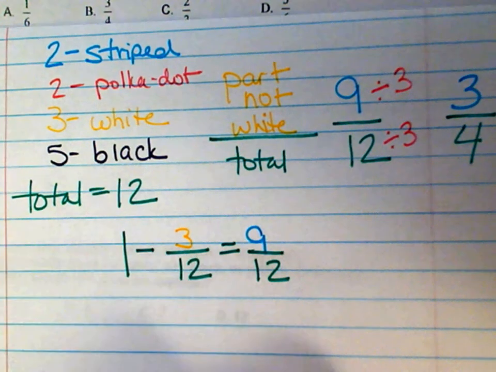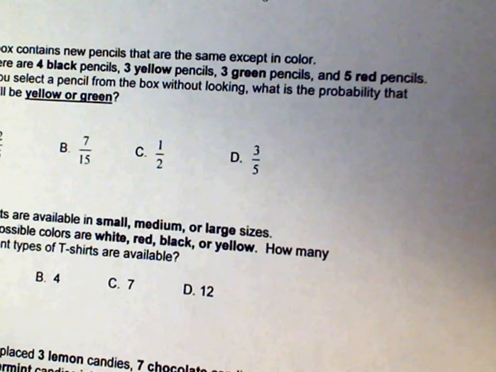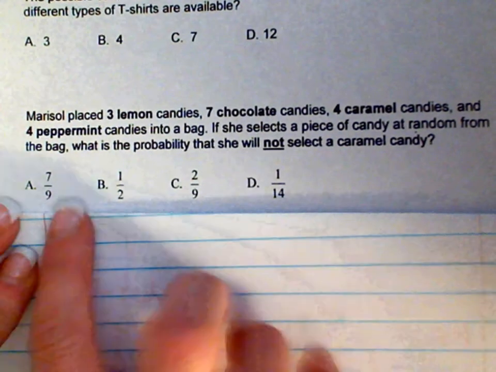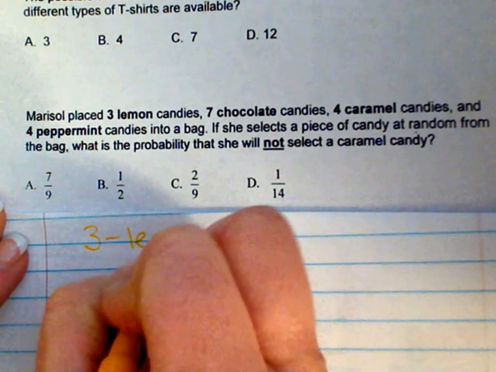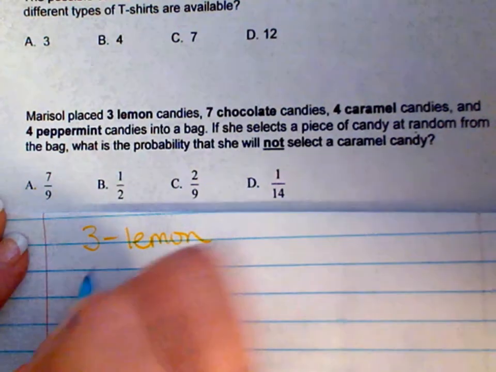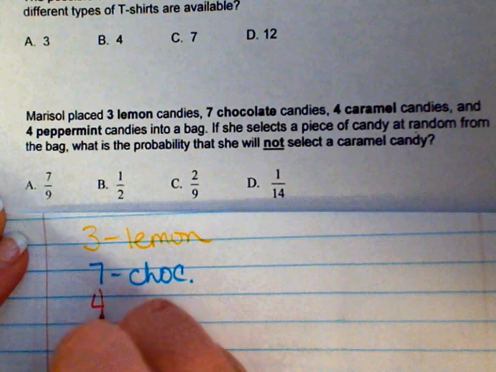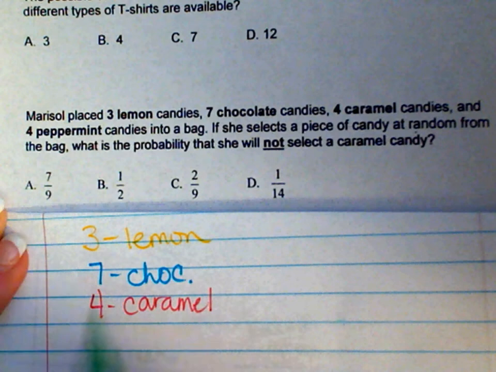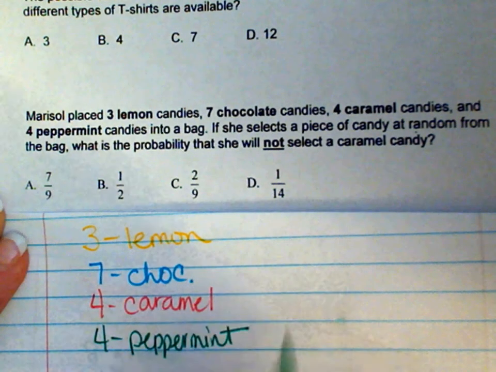Okay, let's look at another one of those. Let's do this one with the candy. So we have 3 lemon candies, 7 chocolate, 4 caramel, and 4 peppermint.